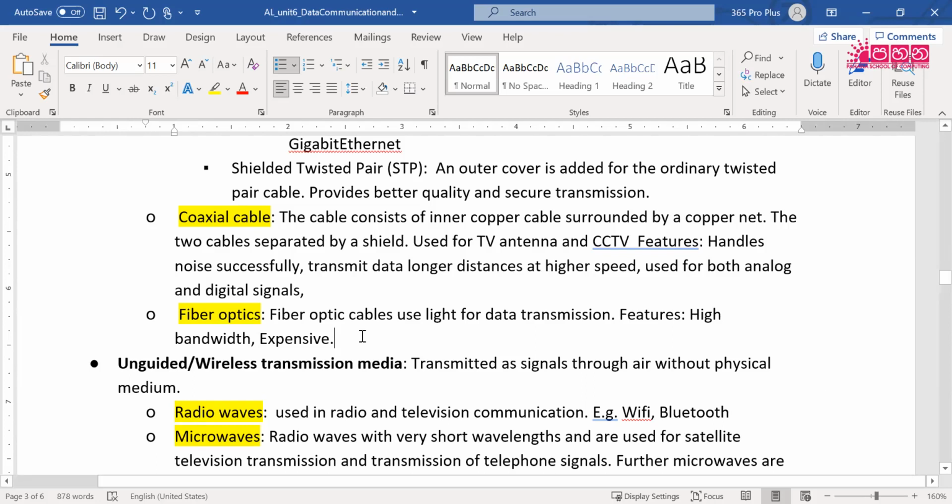Fiber optics, usually we will put these cables underground, especially when you want to connect cities or countries. What we use is fiber optic cables, which use light. So that's why we call it fiber optic.